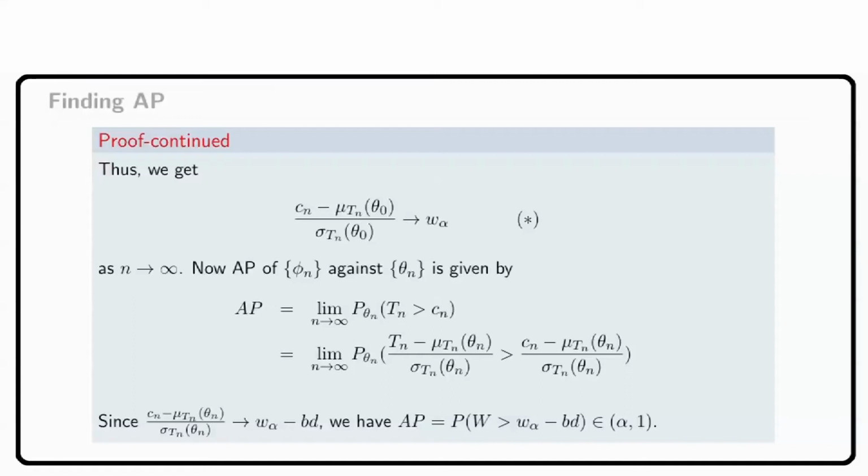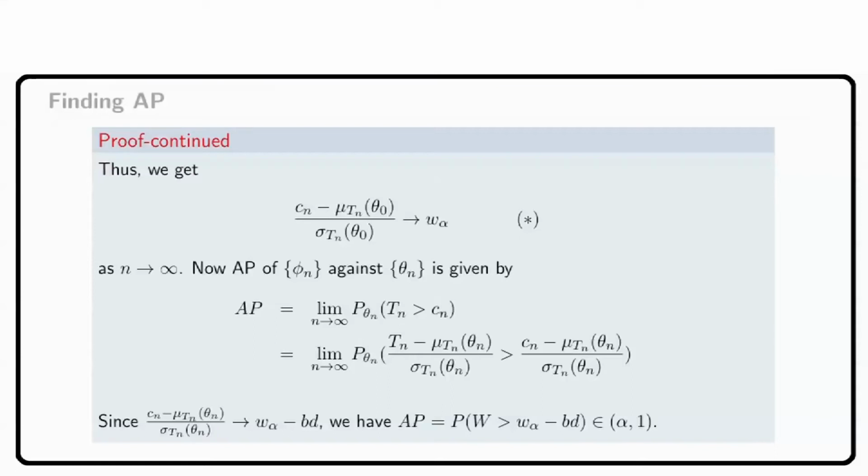Now AP of phi n against theta n is given by the limit as n tends to infinity of the probability that Tn is greater than Cn under theta n, which is the same as the probability under theta n of Tn minus mu Tn theta n divided by sigma Tn theta n greater than Cn minus mu Tn theta n divided by sigma Tn theta n.